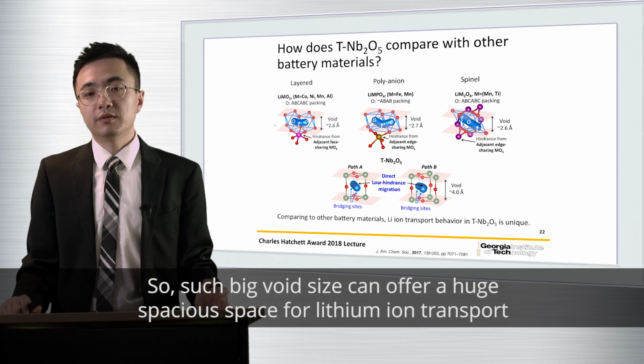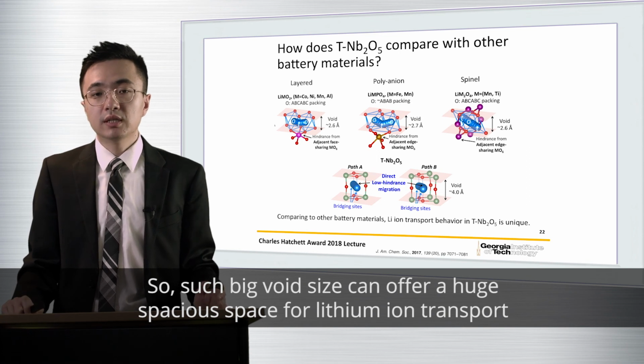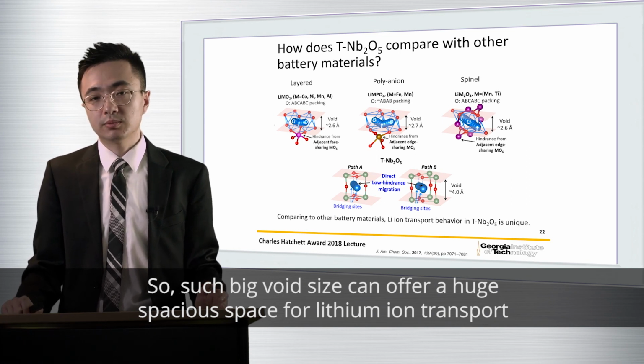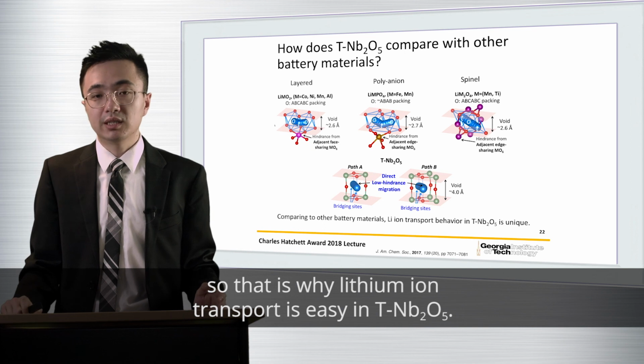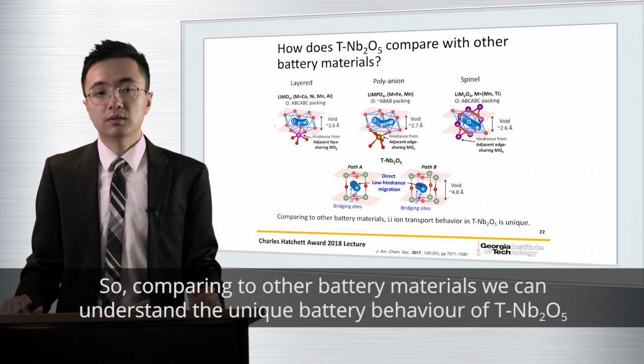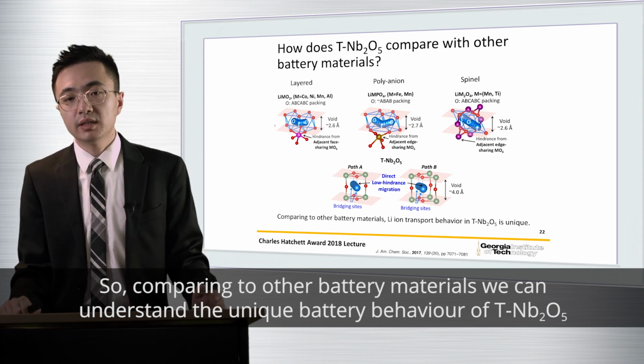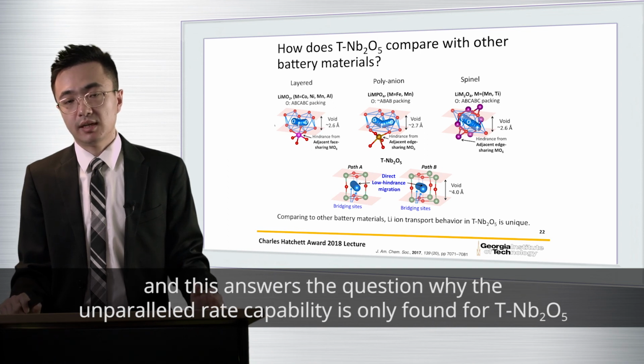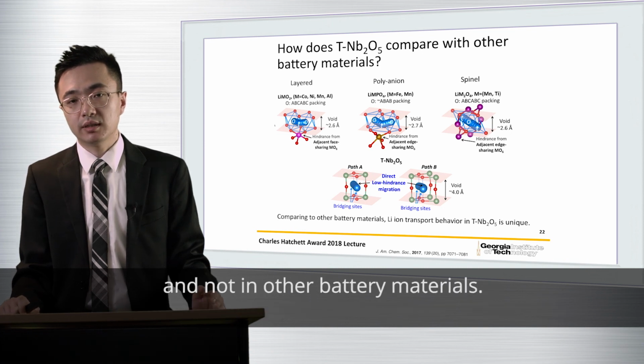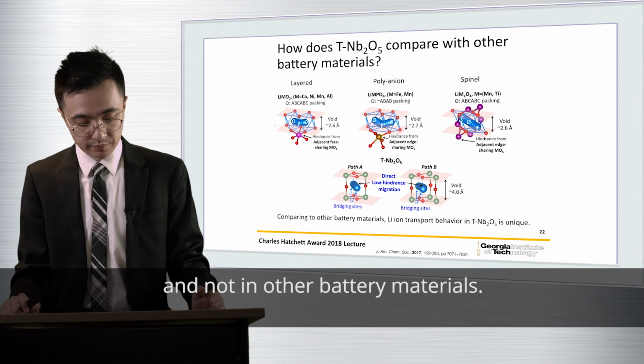Such a big void size offers a huge spacious space for lithium-ion transport, which is why lithium-ion transport is easy in tin niobium oxide. So comparing to other battery materials, we can understand the unique battery behavior of tin niobium oxide, and this answers the question why the unparalleled rate capability is only found for tin niobium oxide and not in other battery materials.